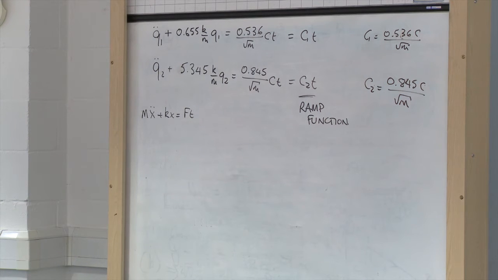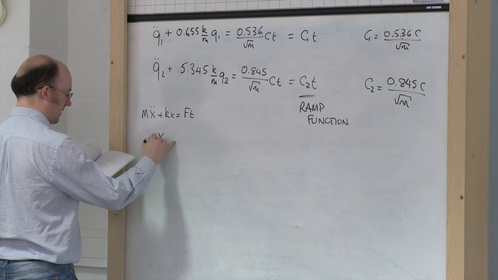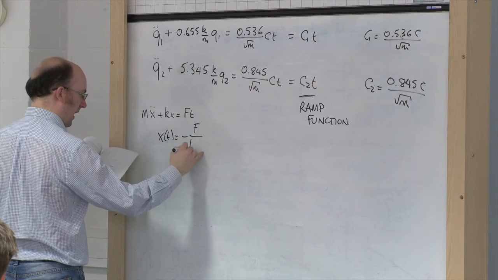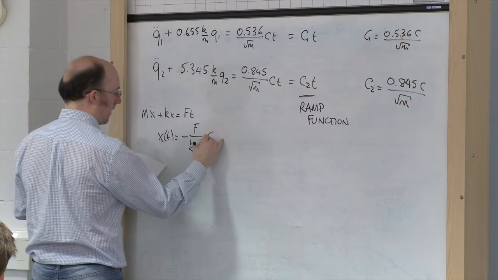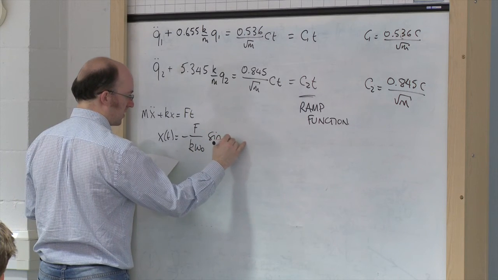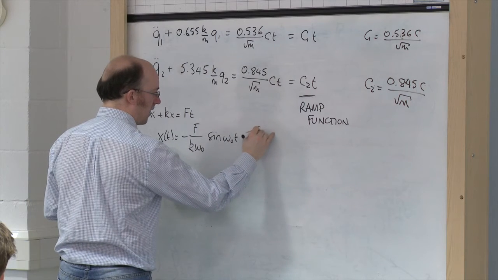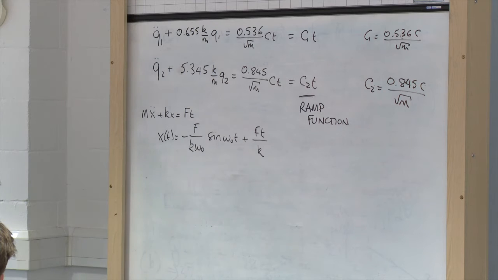Initial rest conditions, linear increasing forcing function, x of t equals minus f upon k omega naught sine omega naught t plus ft upon k. That's right there in the solutions, straight away.